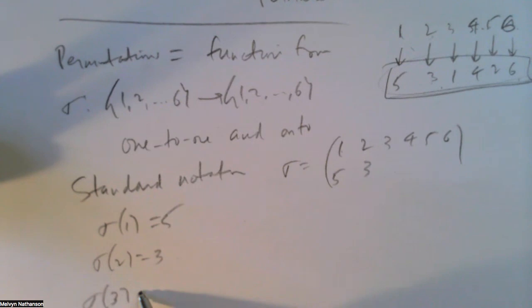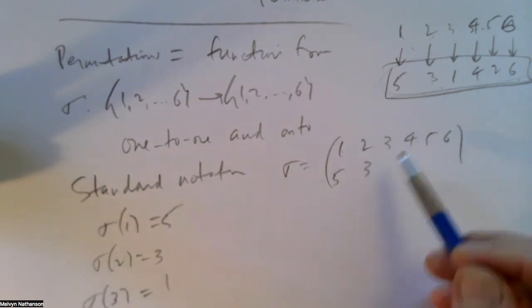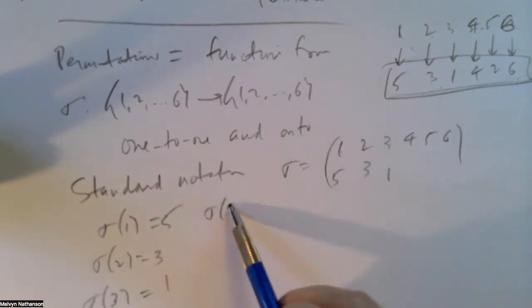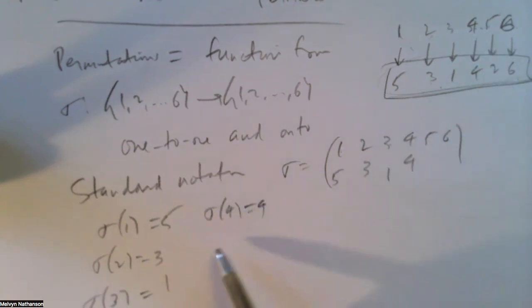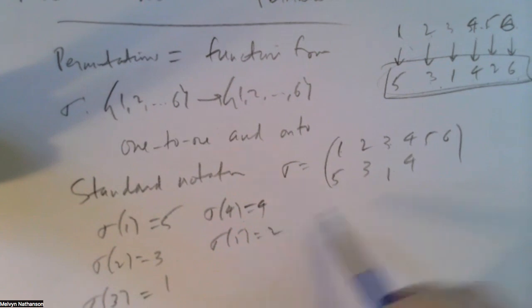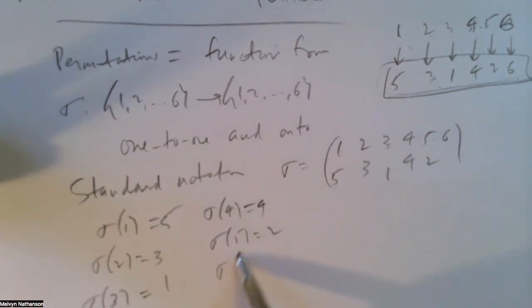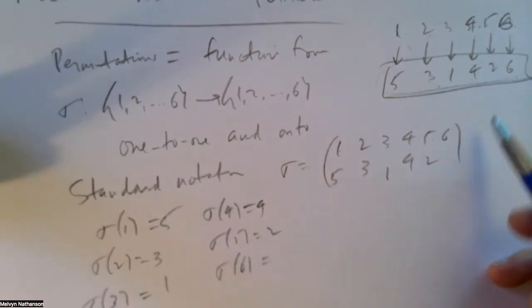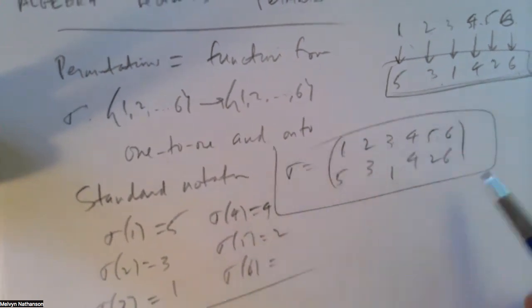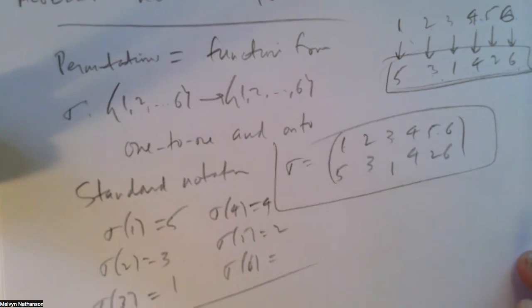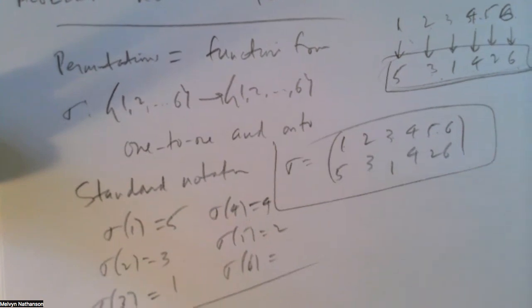Sigma of 3 is 1. Sigma of 4 is 4. Sigma of 5 is 2. Sigma of 6 is 6. So this is the standard notation that we use for a permutation.